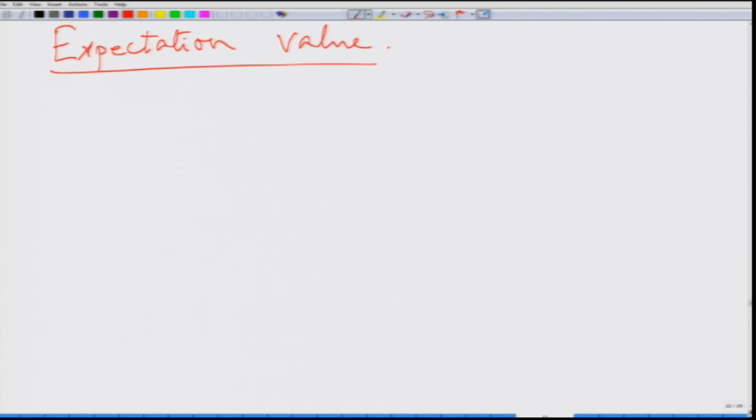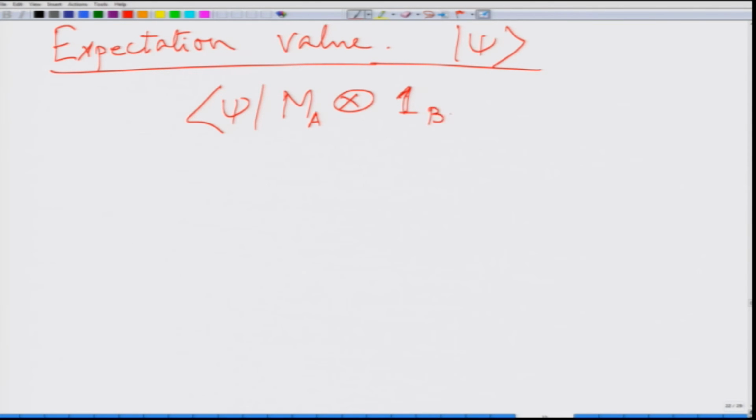So, the expectation value of the observable, where our state is psi, depends on what kind of measurement I am going to make. If I make the measurement that I just mentioned, say M_A tensor identity_B applied to psi, this is what I am applying.